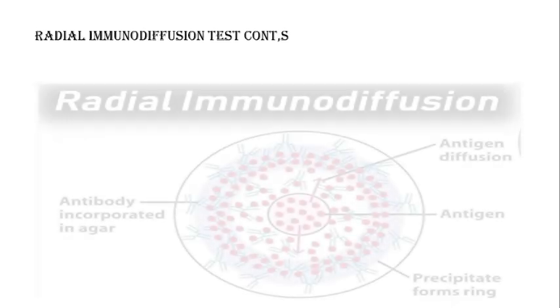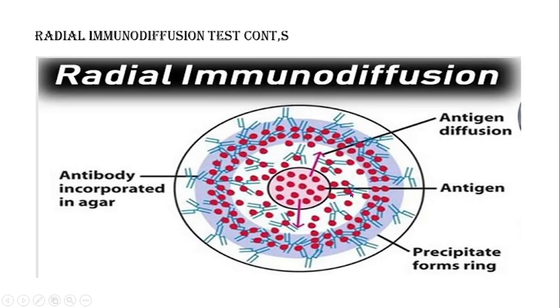So here we have a figure which illustrates this clearly. This is the plate, all of this is the plate. This plate contains the antibodies incorporated into the agar. It means that this plate contains the agar, which is the medium, and the medium is impregnated with the antibodies. After that, there is an addition of the antigen to the agar.